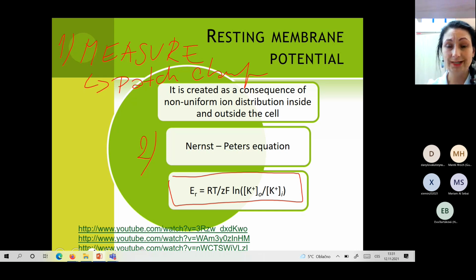However, Goldman, Hodgkin, and Katz, these three scientists, applied the same equation to some physiological systems. So I think it's better to call it the Goldman, Hodgkin, Katz, Nernst-Peters equation. But for you, I think it's enough just to remember the Nernst-Peters equation is the same equation.